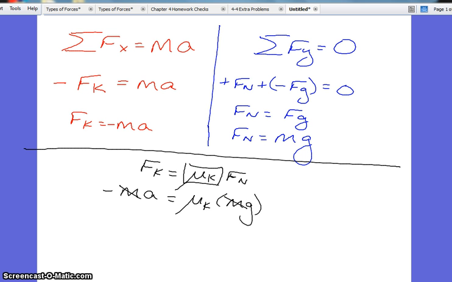And I can go back to my formula now and see that we have the opposite of negative 5.79 meters per second squared is equal to our unknown, our coefficient, times 9.81 newtons per kilogram.